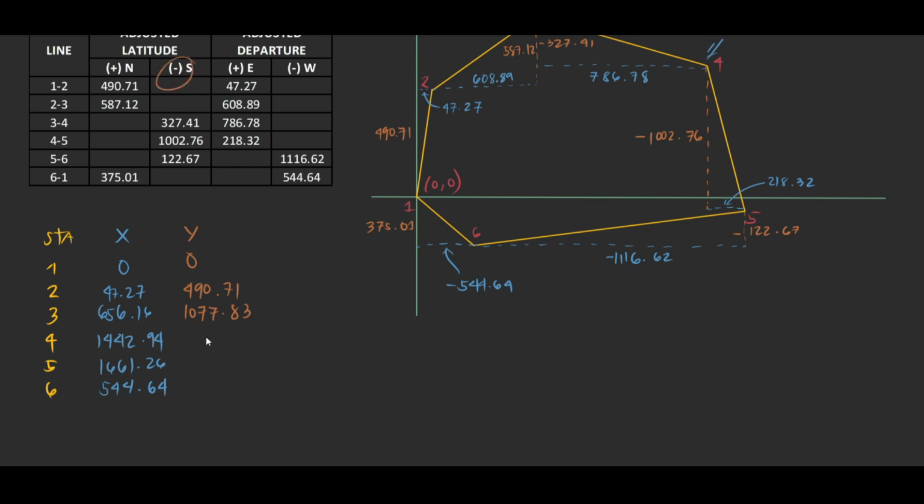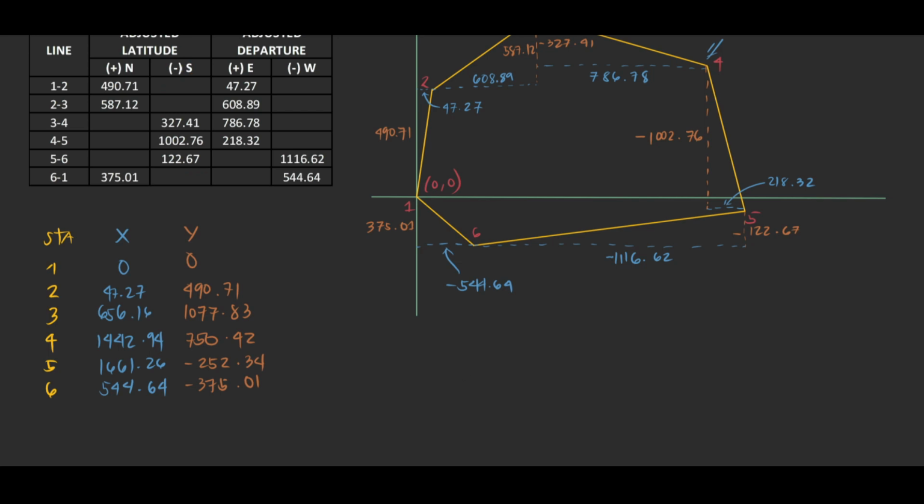So you will have 750.42. And then minus 1002.76, we will get a negative value of negative 252.34. And then for station 6, another subtraction. So this one minus this one. So we will get negative 375.01. Okay, so this is it.